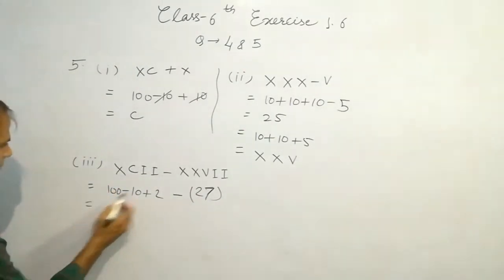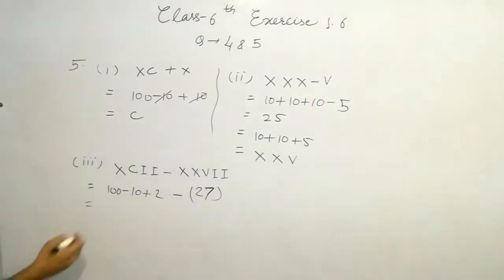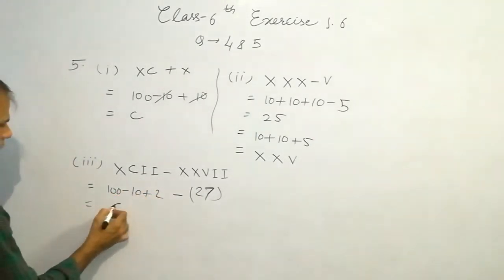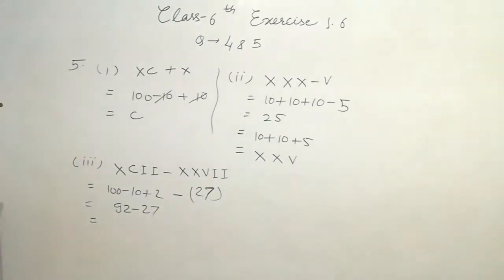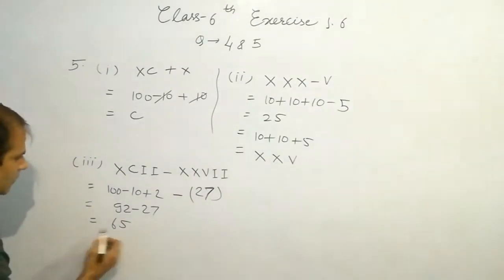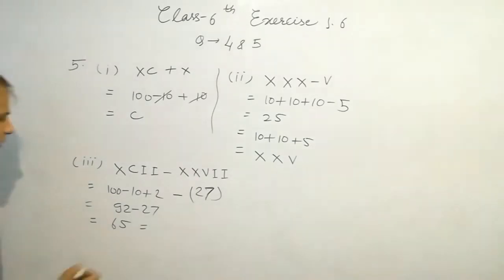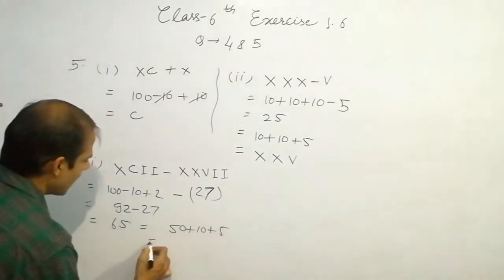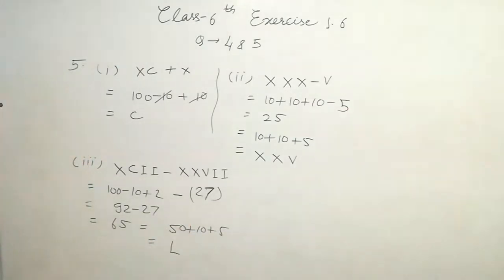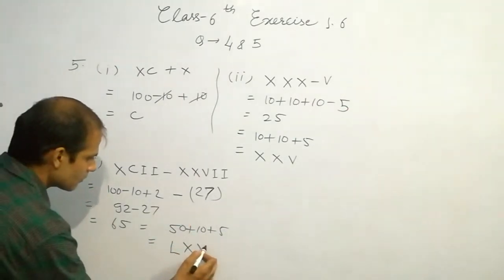See what happens. 100 minus 10, it is 90, 92. 92 minus 27. So 92 minus 27 will be 65. Okay, and 65 means 50 plus 10 plus 5 and that is LXV.